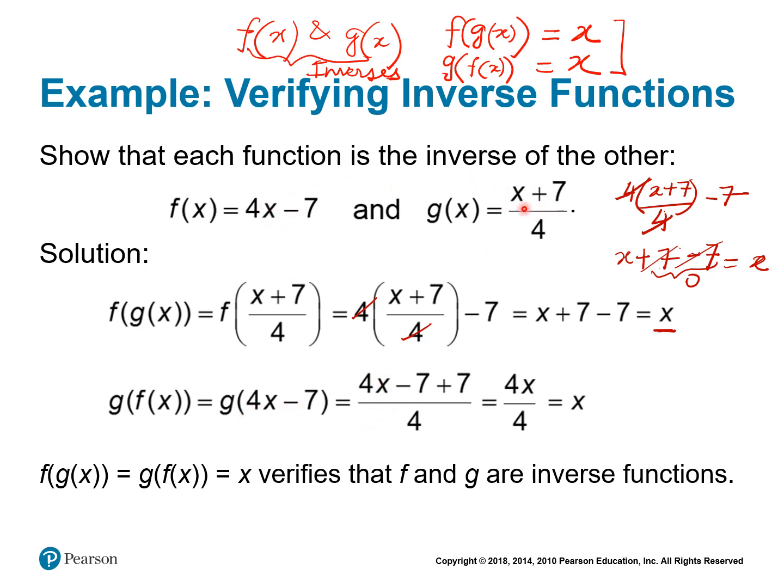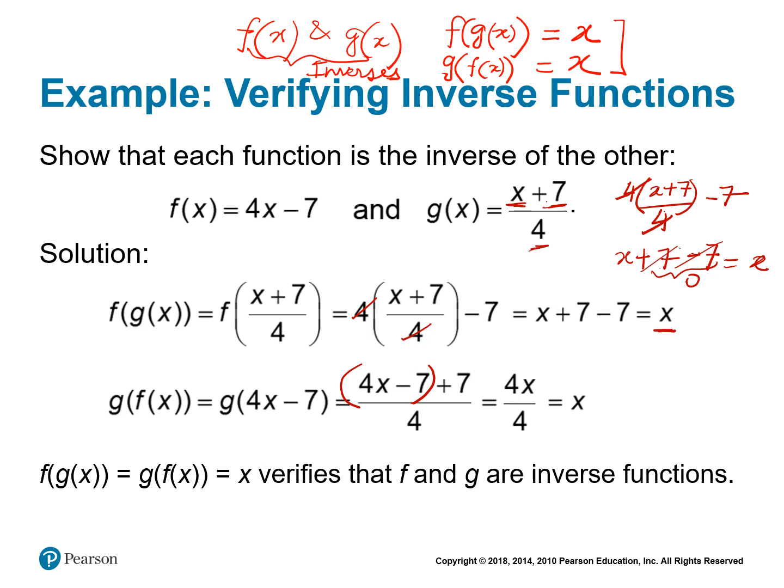They replaced it, and I'm going to work through it using a pen. You see this x here was replaced by 4x minus 7, and then plus 7 over here, plus 7 divided by 4.